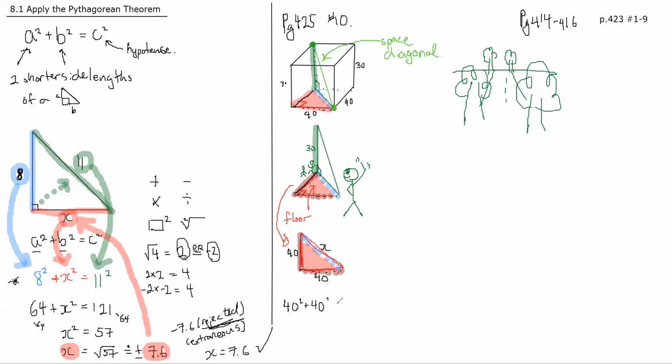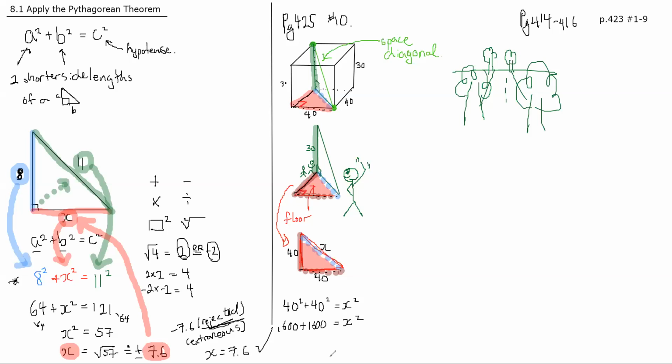40 squared plus 40 squared equals x squared. And this is what I mean by doing Pythagorean theorem on the fly. I didn't even wait to consider which part was a squared, which part was b squared, and which part was c squared. I knew the hypotenuse had to be alone. All the other parts just fit in together. So this would be 1600 plus 1600 equals x squared. Okay.